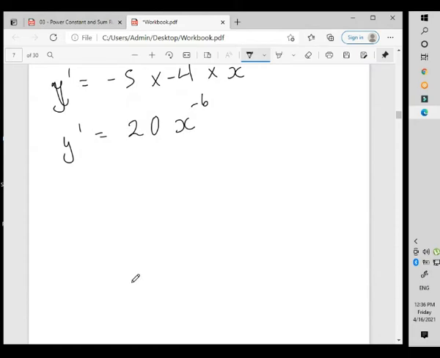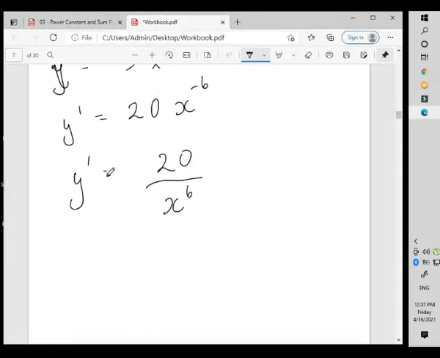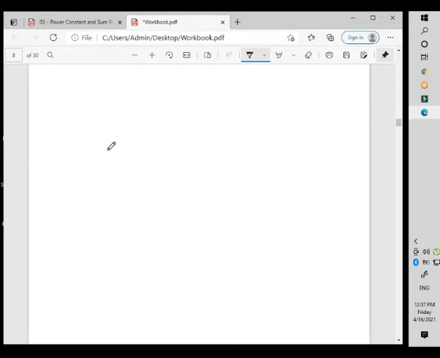So this is now equal to 20 in the numerator, no negative power, divided by x to the 6. Alright, number 8, I believe, yes, y is equal to 3 divided by x cubed. So y is equal to 3 being divided by x cubed. Now, when working problems with the power at the bottom, the denominator, you just write it in the numerator and you change the power to negative.